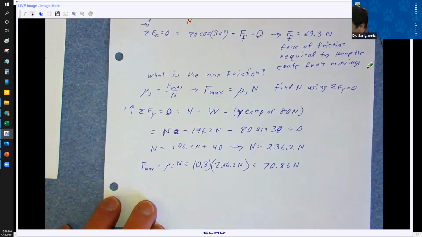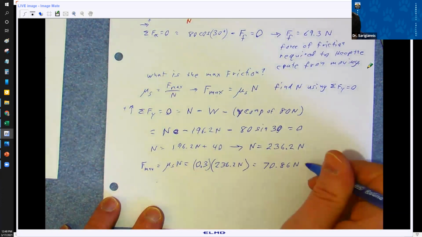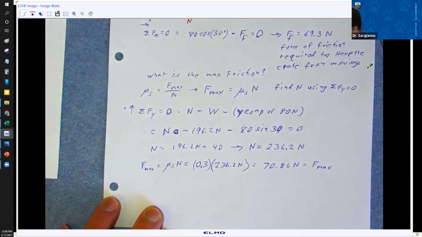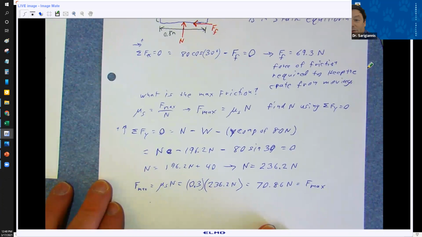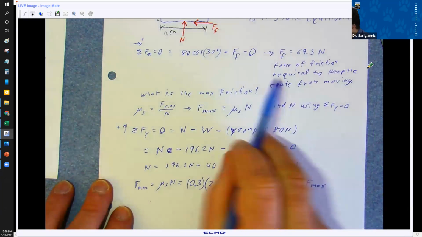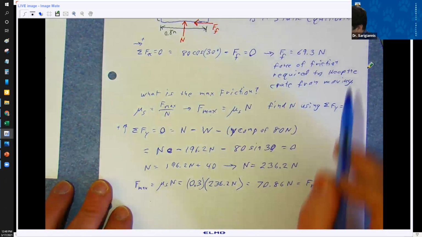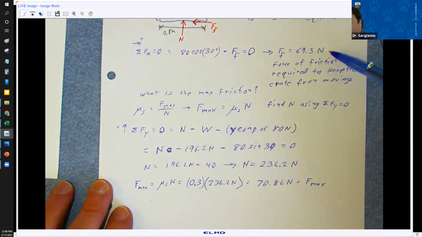Now, let me see here. All right. The force of friction that we need to keep this thing from moving is 69.3 newtons.